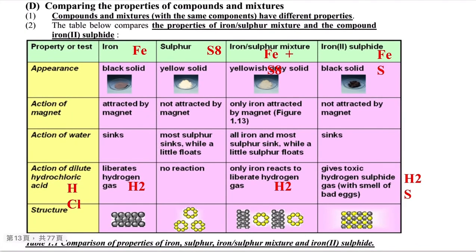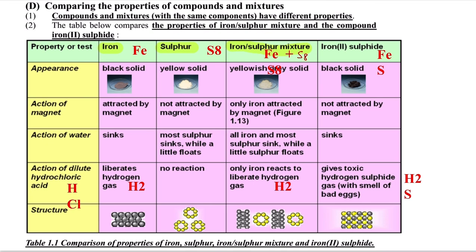Okay, here it is comparing the properties of a compound and a mixture. For example, we have iron and sulfur. Sulfur is S8 in its element form. After they are mixed, it is an iron and sulfur mixture. Sorry, this is a little bit weird here. So it's iron and S8 here.